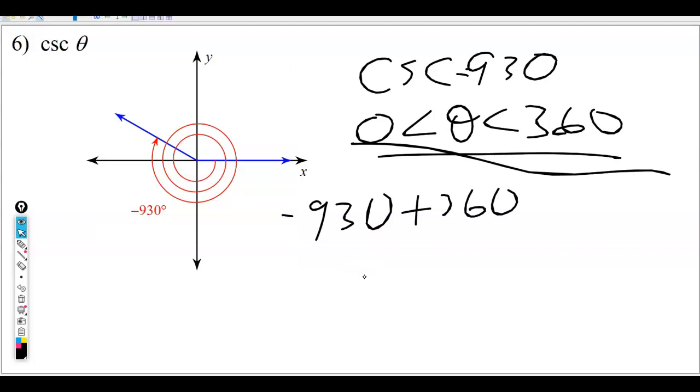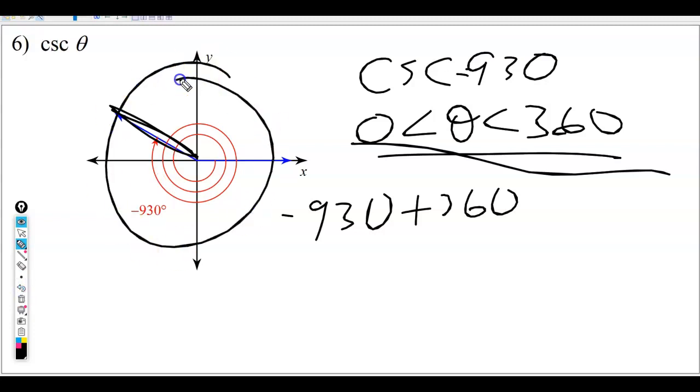That's how you find a coterminal angle, in case you forgot: you add or subtract 360. So even though this is a negative 930 degree angle because of the direction and the number of times we went around, on our unit circle, that is the same spot where the 150 degree angle is. Now that we know that, we need to find cosecant.